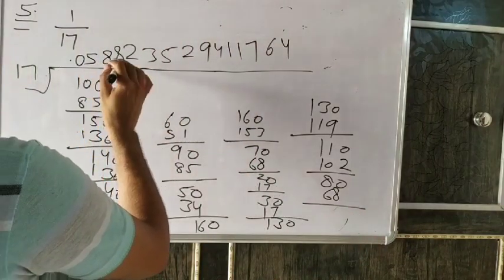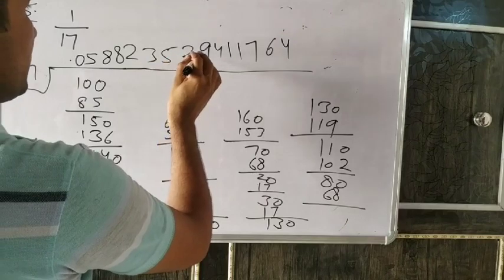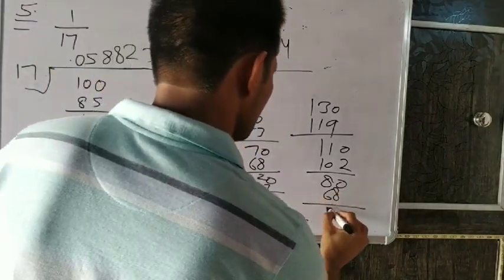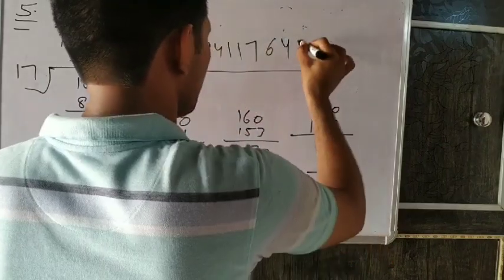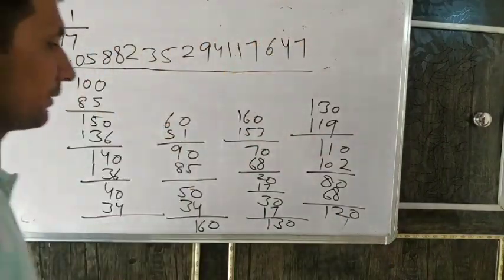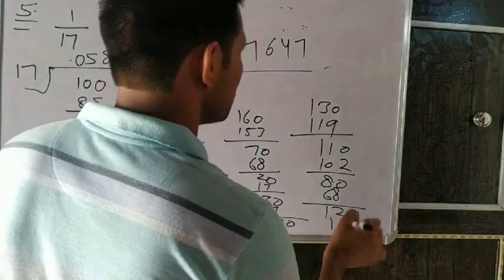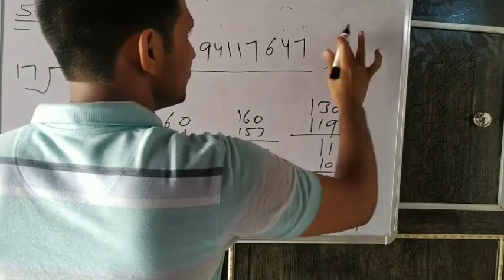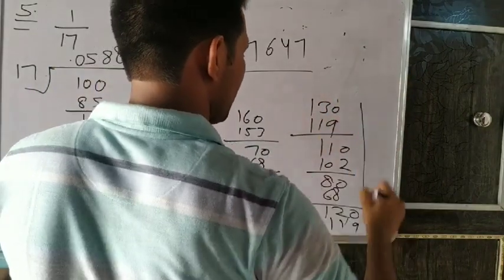Count the digits: 1 2 3 4 5 6 7 8 9 10 11 12 13 14 15. Now 12 0, 17 7s are 119, how much remains? 1 again.